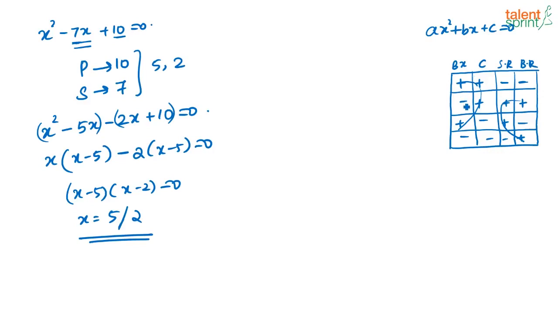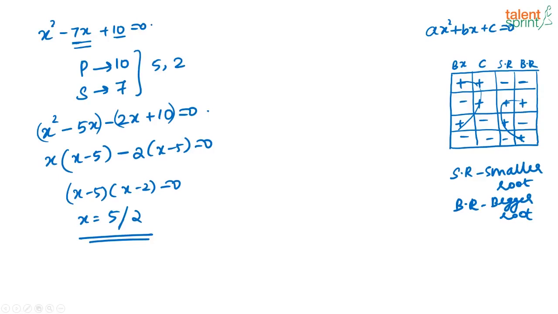Similarly, if the sign before bx is minus and the sign before c is plus, then the smaller root and the bigger root of this equation will be positive. Here SR means smaller root and BR means bigger root.